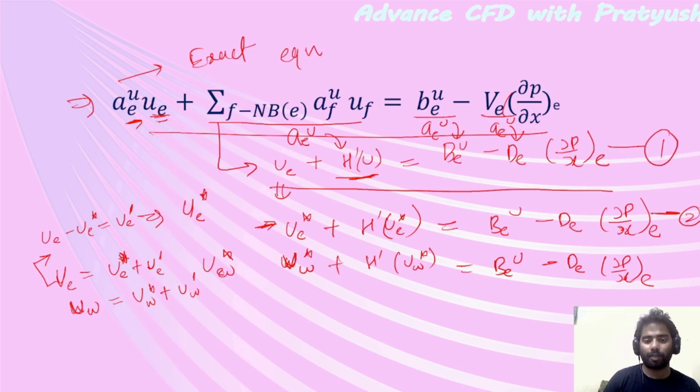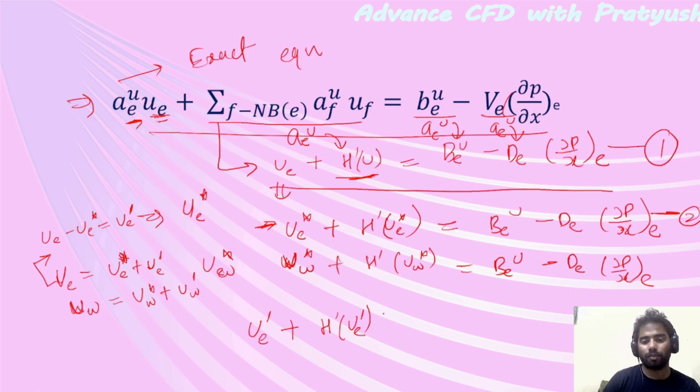So let me subtract it. If I subtract UE minus UE star, I will get UE dash. Similarly, if I subtract this term minus this term, I will get H dash into U dash E.